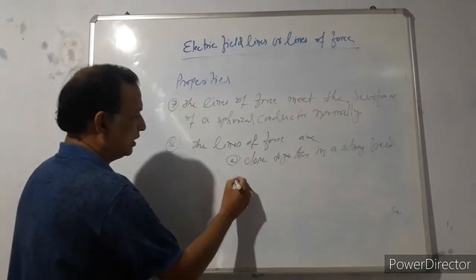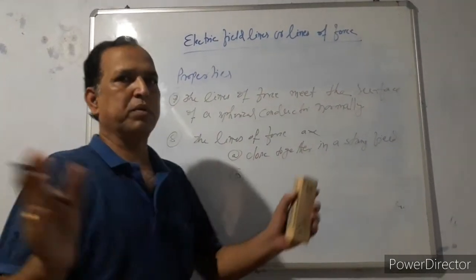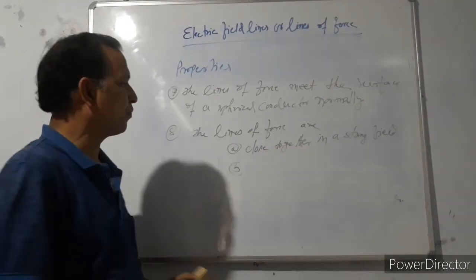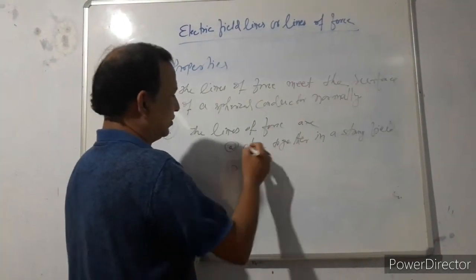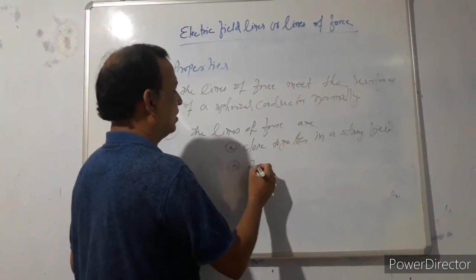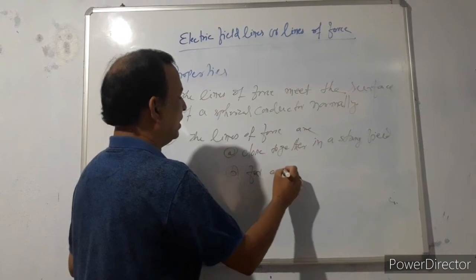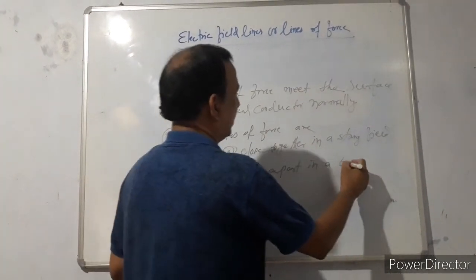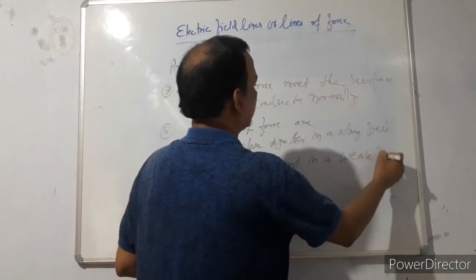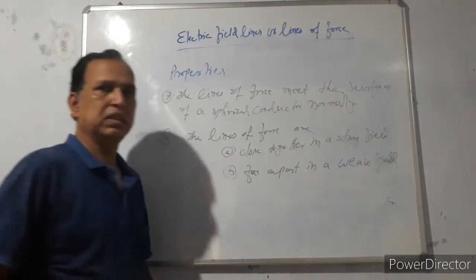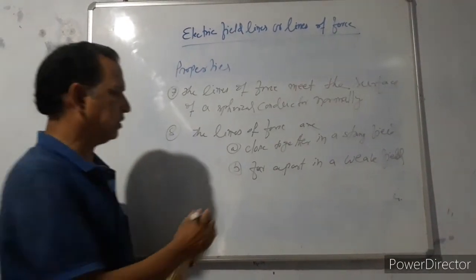That means if the lines of force are very close to each other, then the field is strong. Second, the lines of force are far apart in a weak field. That means not close, weak field.